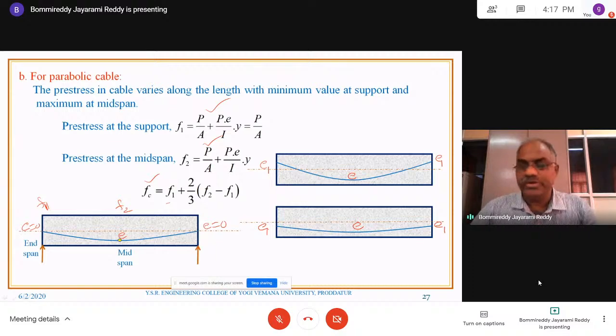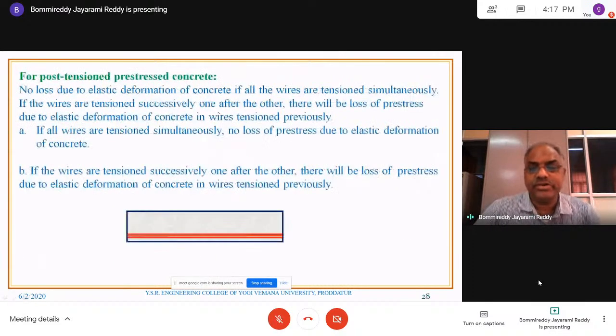Then for post-tensioned concrete, the important thing is if all wires are tensioned at a time, there is no loss. Sometimes the question may be very big, and in that this line is given: if all wires are tensioned simultaneously, the magnitude of loss of pre-stress due to elastic deformation is, answer is 0.